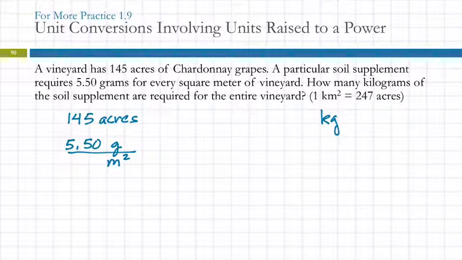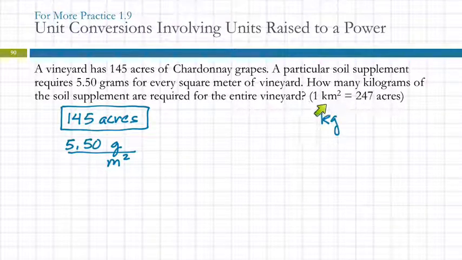So we're starting with this one, and we have to figure out how to get from acres to kilograms. Siri can't help you with this one. What do we know? Well, we were given this. Square kilometers is equal to 247 acres. Here we have acres. We could use that and get to kilometers squared. So here we've got grams and square meters.